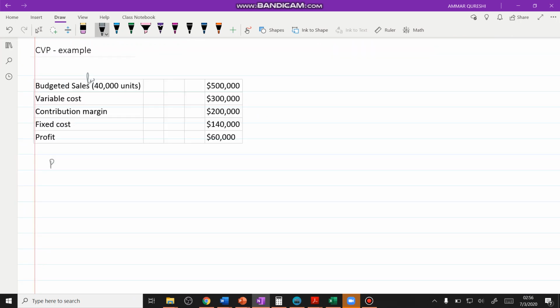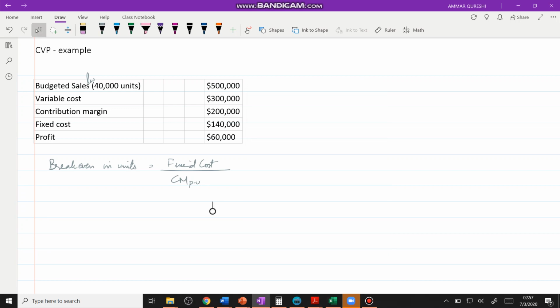See, break evens, first of all, let's calculate break even in units. Break even in units is what? Fixed cost divided by contribution margin per unit. Now, what is fixed cost?